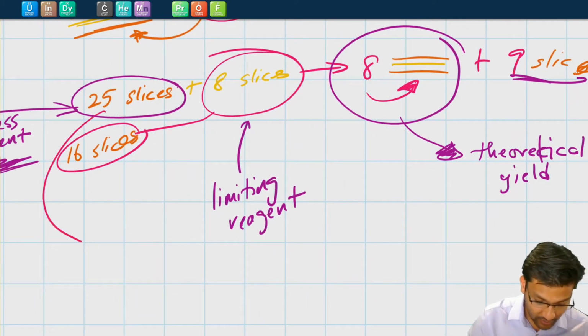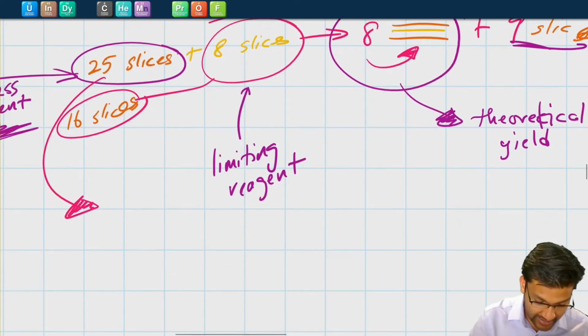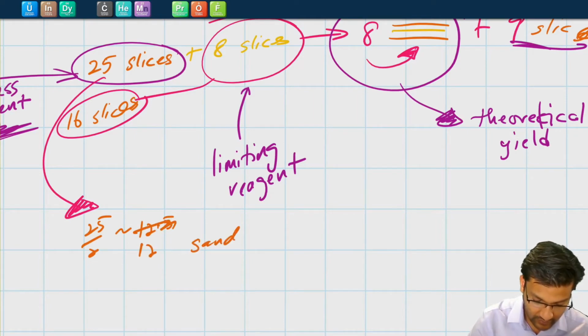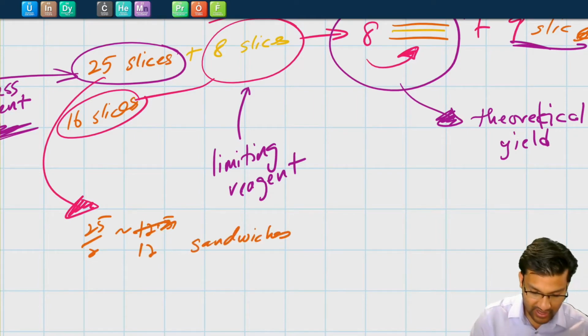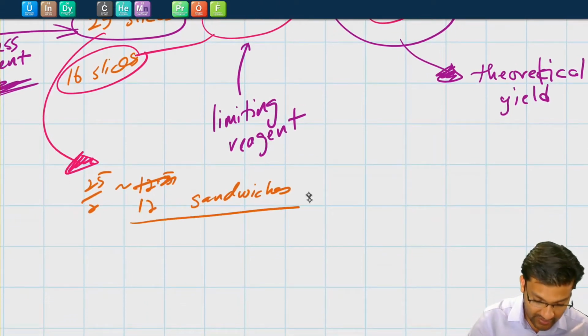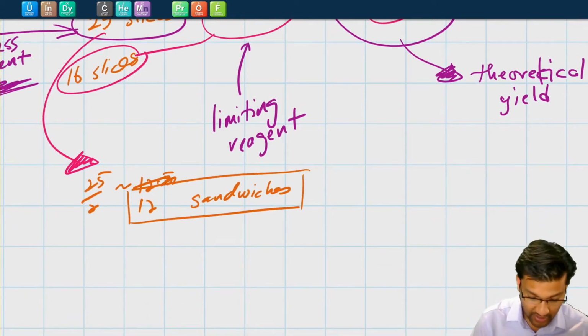If I only looked at my bread, I could have formed 25 divided by 2, or around 12 and a half, really 12 sandwiches. So if I used up as much of the slices of bread as possible, I'll be able to form about 12 sandwiches.